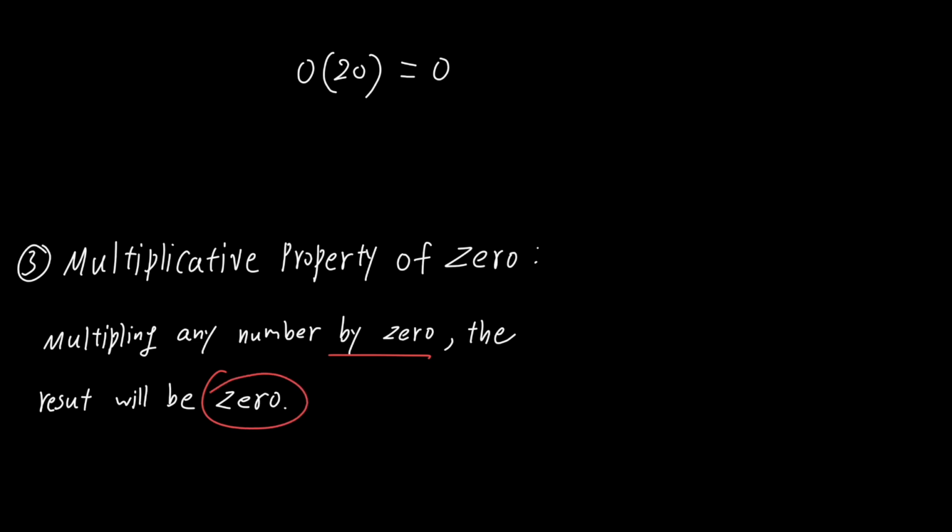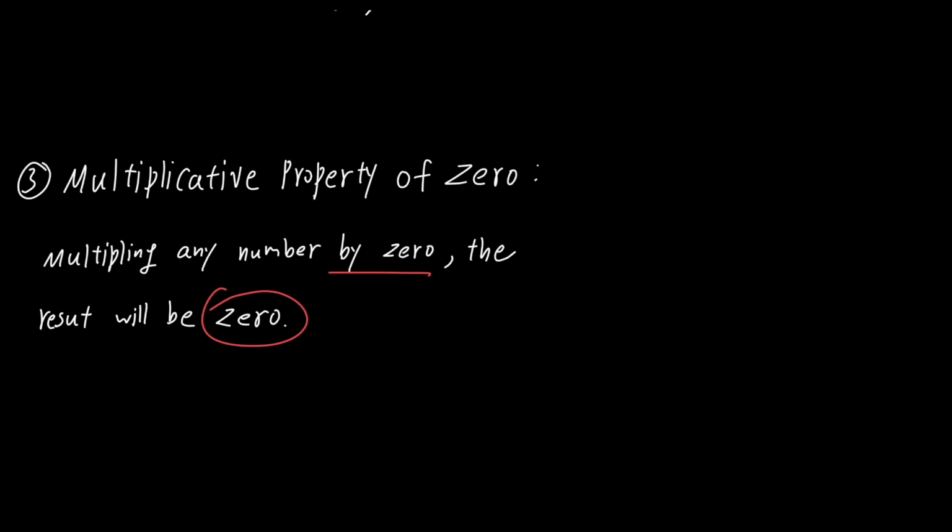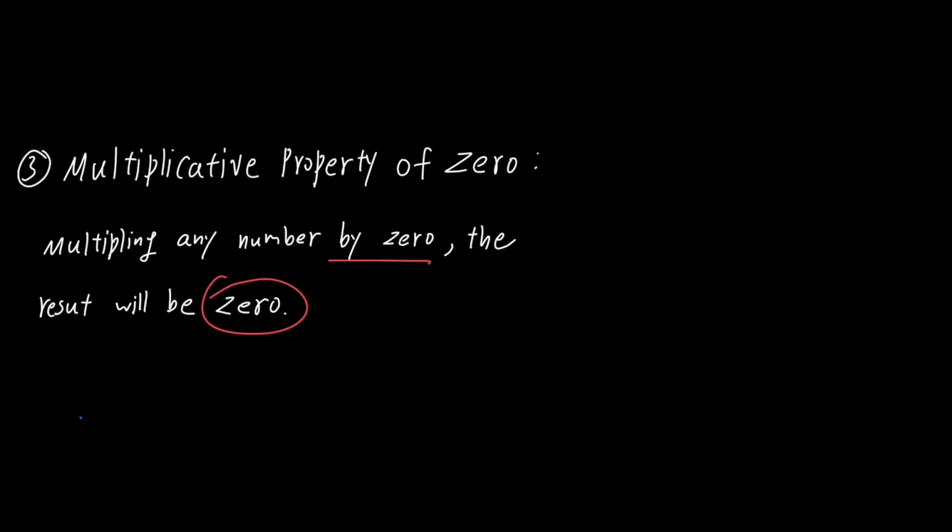And I want to use the general form to describe it. So a times 0 is equal to 0 times a equals 0. And I box it.